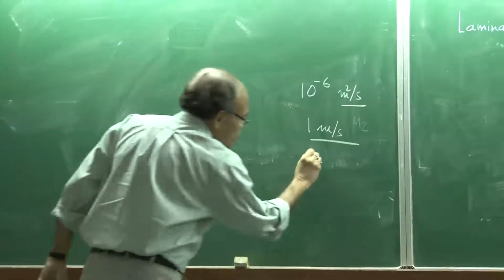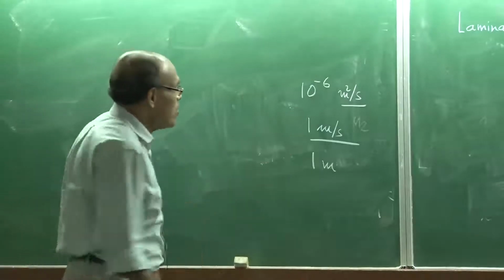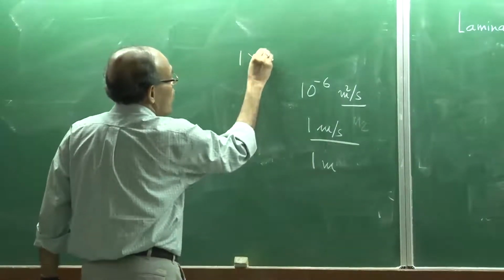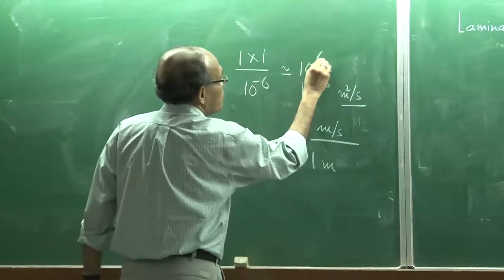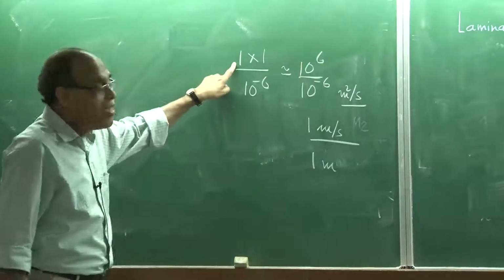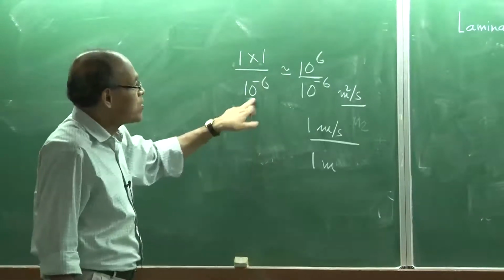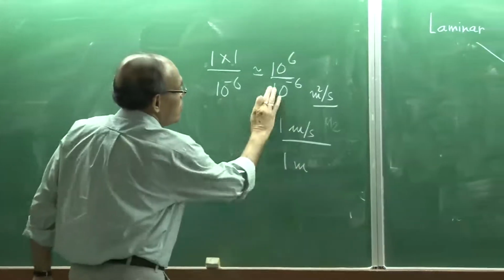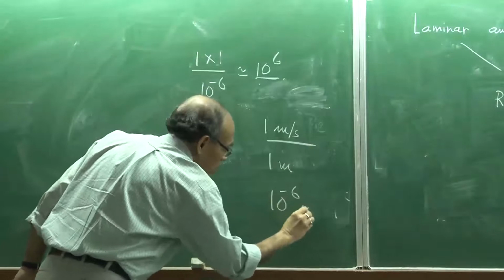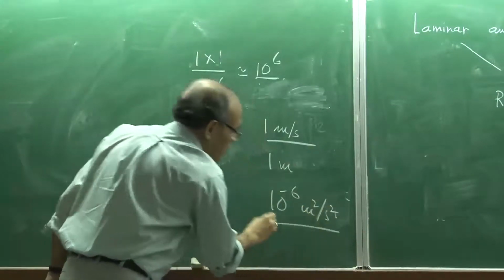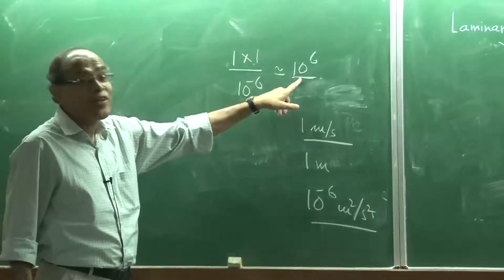So, even if you take just 1 meter as the characteristic length, you get 1 into 1 divided by 10 to the power minus 6. So, this is velocity multiplied by the characteristic length divided by the kinematic viscosity, which is 10 to the power minus 6, and this tells us that the Reynolds number is about 10 to the power 6.